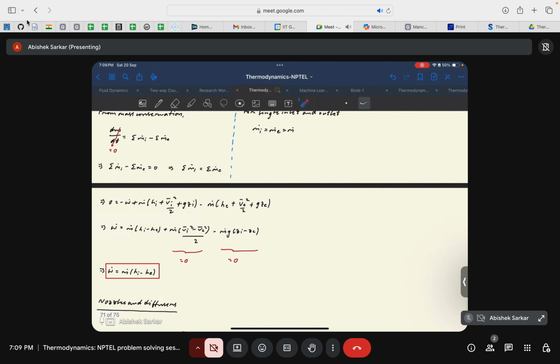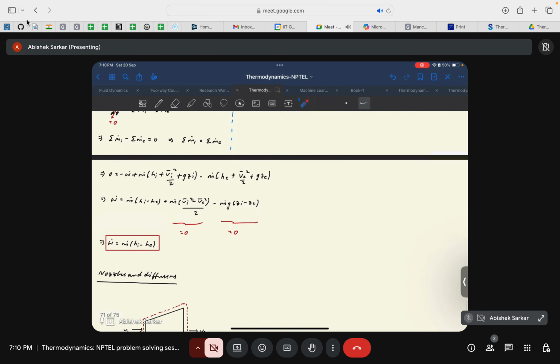So W dot is m dot times (h_i minus h_e) plus m dot (v_i square minus v_e square)/2 plus m dot g (z_i minus z_e).